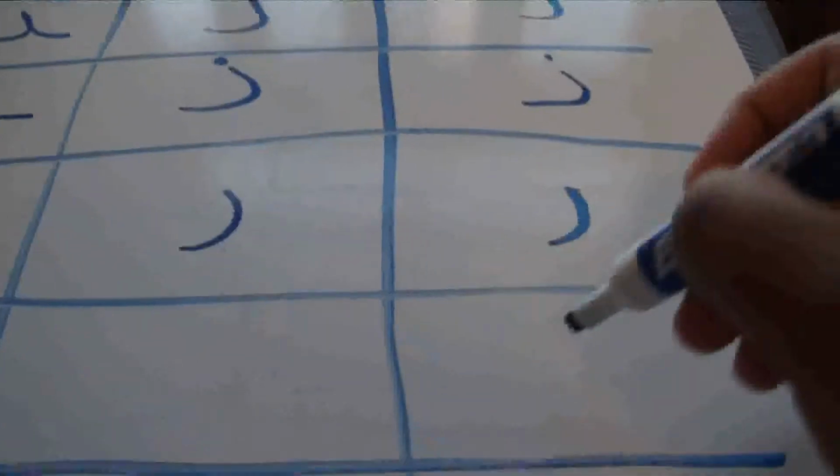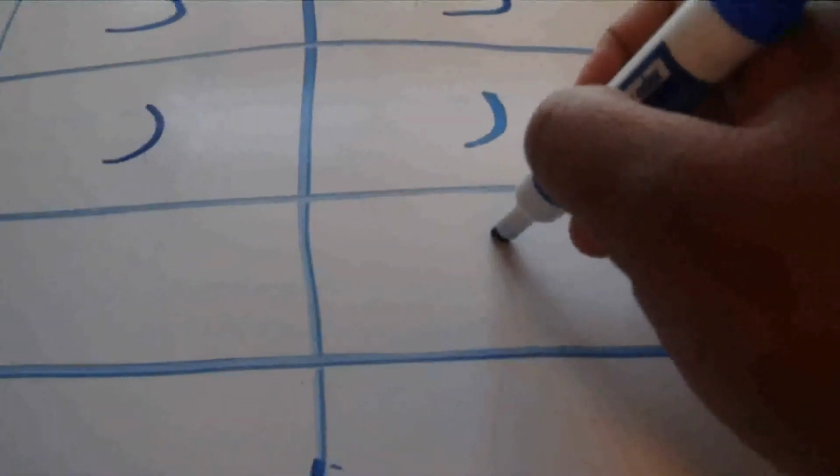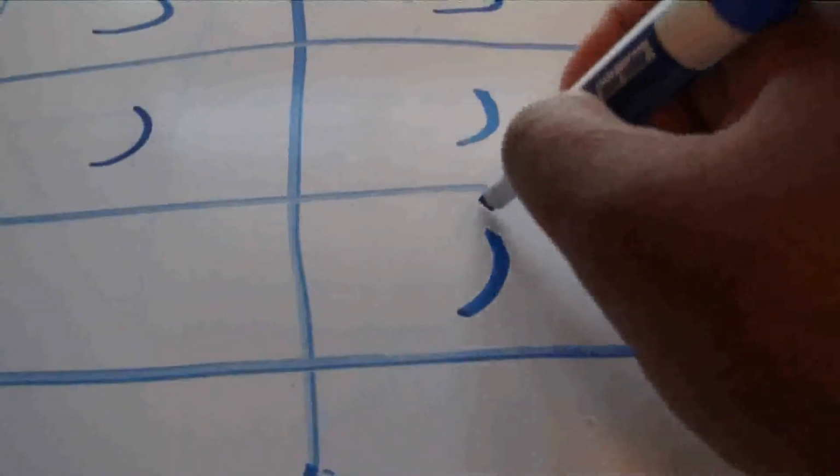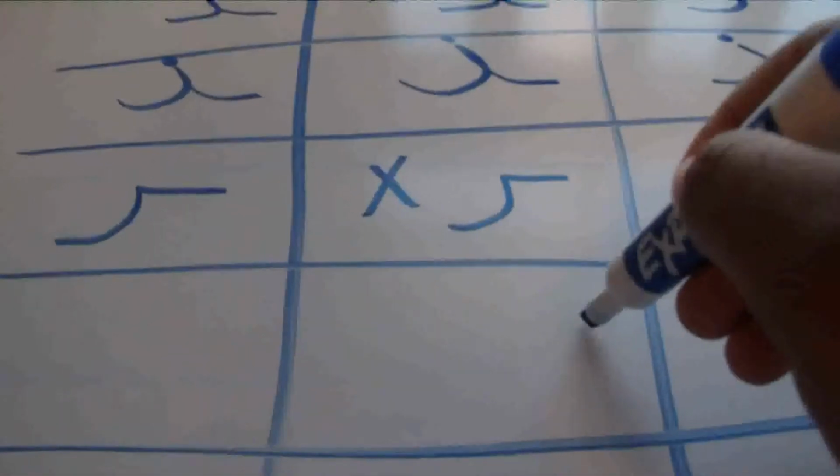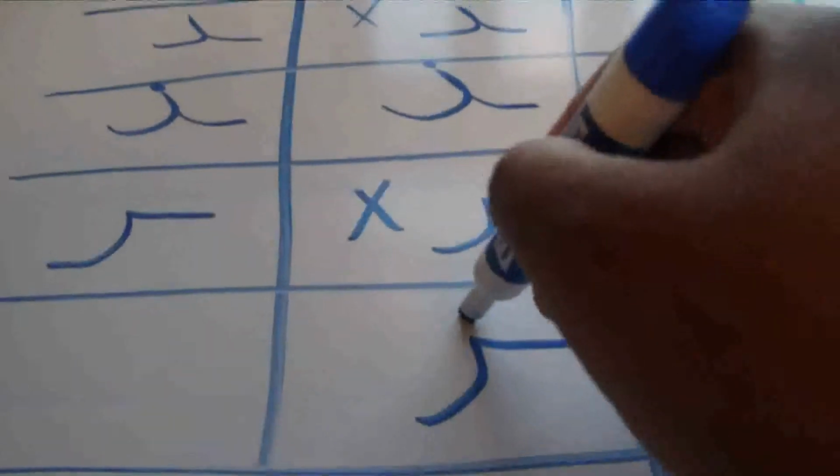The Zay was the exact same thing. It's just the Ra with a dot on top. Here's its initial form. Medial. And final.